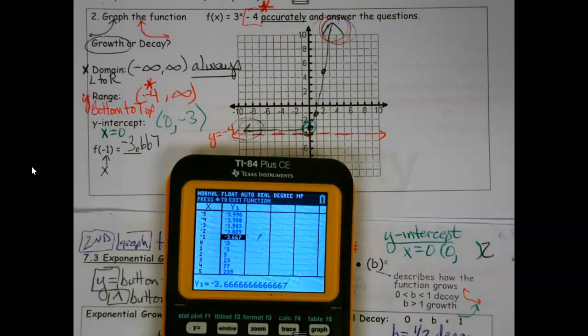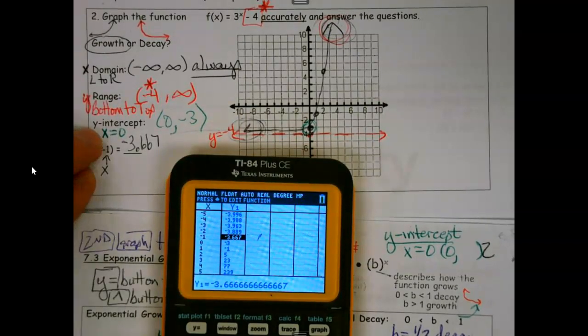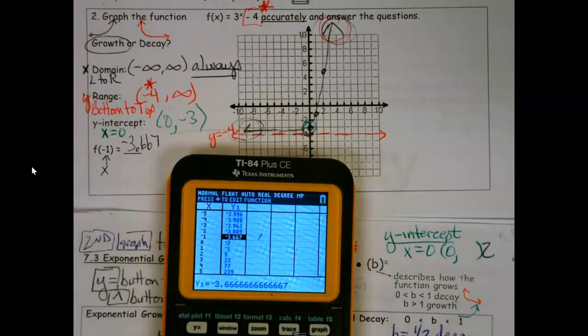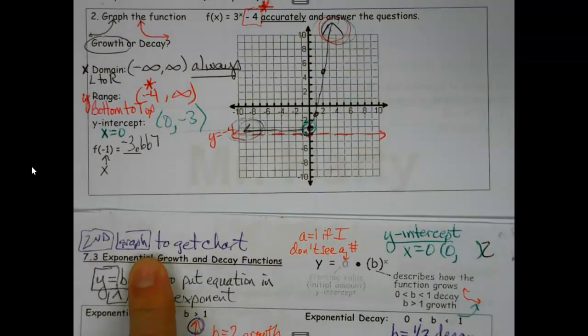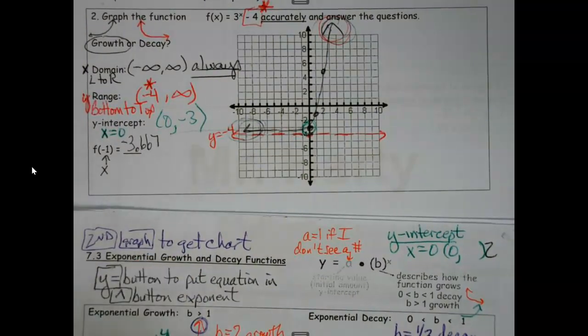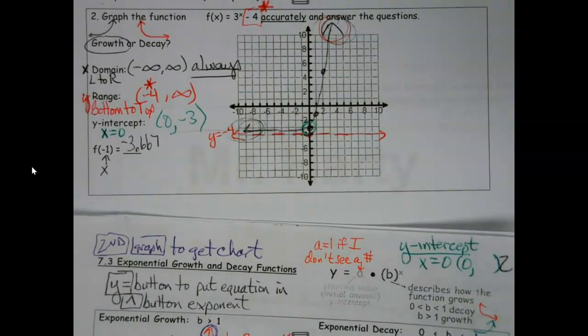You don't have to do anything. You just got to find it. So x is 0 on the y-intercept, and it's the number in parentheses there, and I can pull it off my chart, which I know how to do because it's right here on my notes. Okay? Use the tools. They can help. They really can.